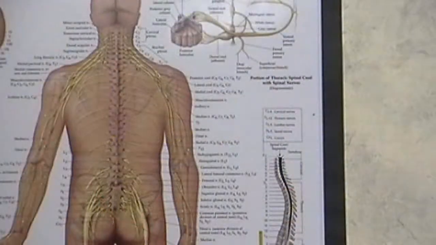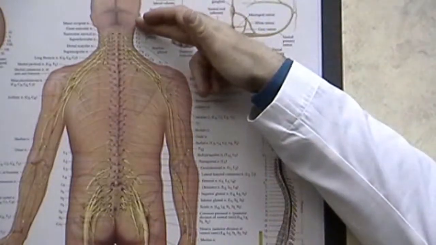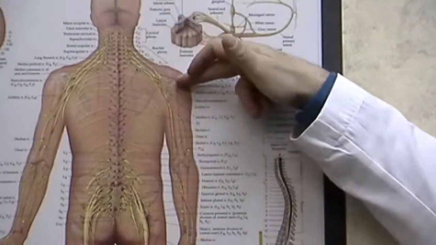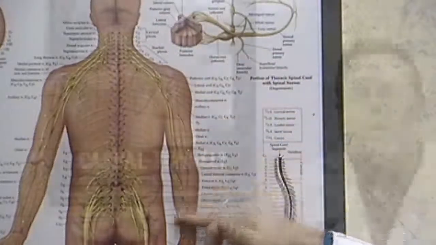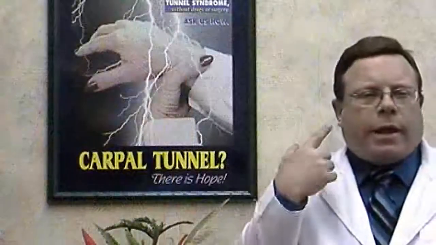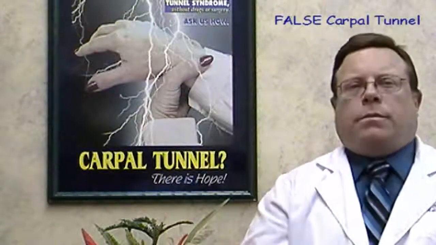Second, a person with symptoms in their hands, wrists, and fingers may not be dealing with carpal tunnel at all, but rather because of pain that is referred or travels down into the hand because of nerve compression in the neck. This is known as false carpal tunnel. You see, nerves from the neck flow down the arms into the hands through the carpal tunnel.